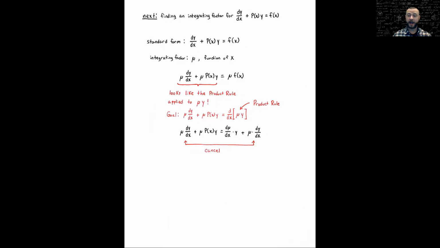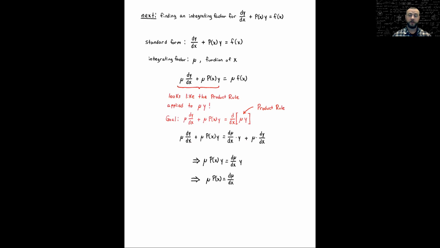Mu times dy over dx, well, we can subtract that from both sides. It cancels out. And we're left with this resulting equation. We can even go further. We can divide both sides by y, and we get this very simple, separable equation for mu.